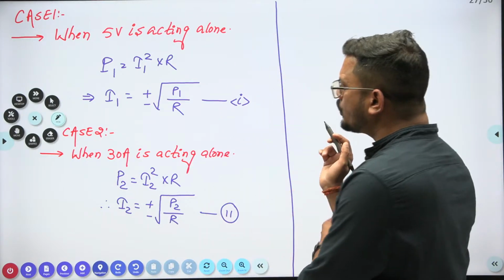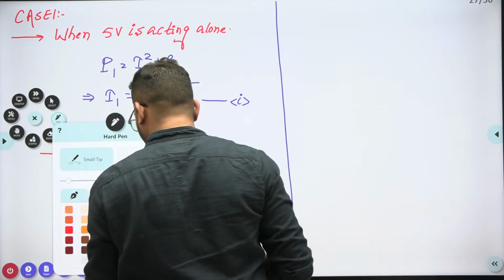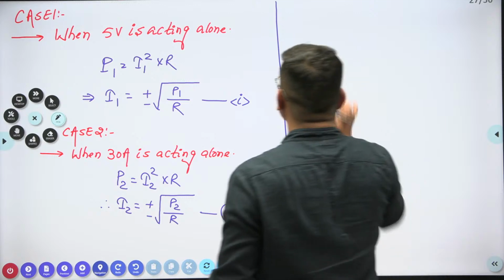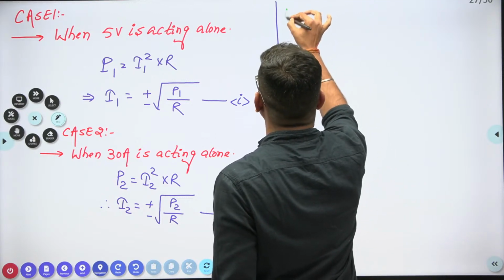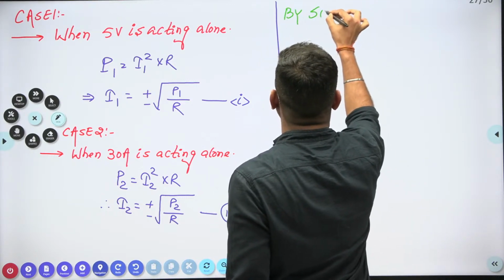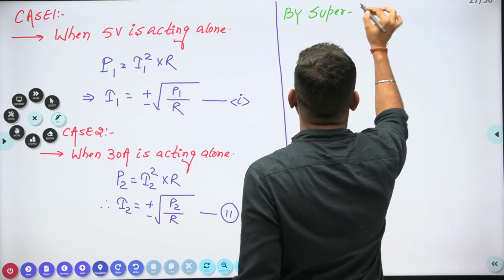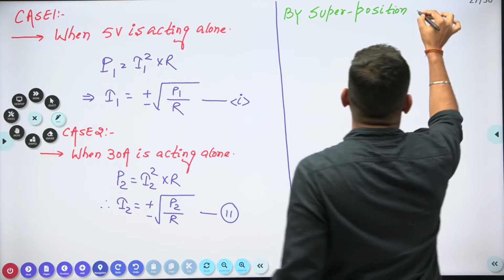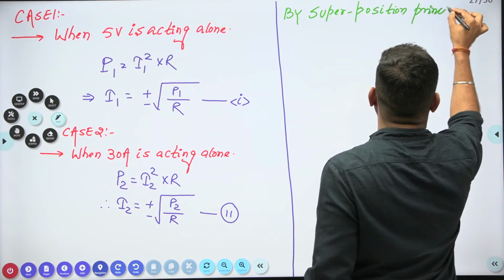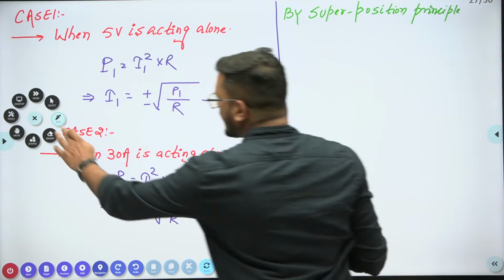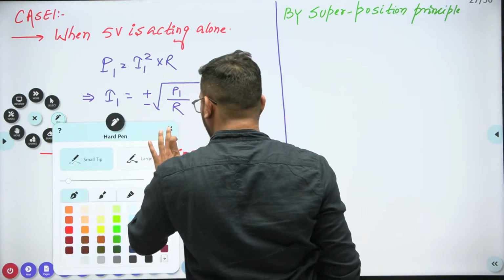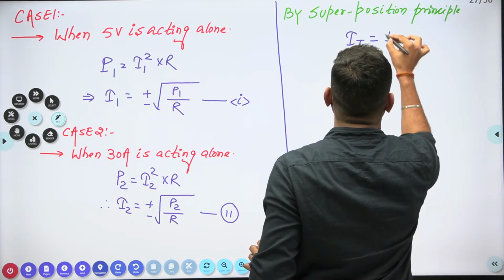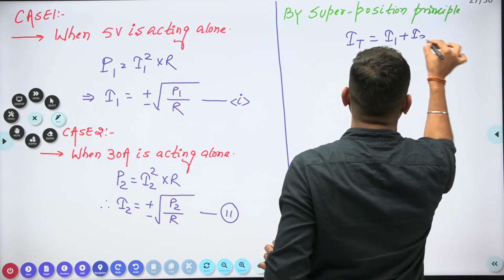Now what am I doing here? We are just applying the superposition principle. So by the superposition principle, we can say the total current will be I1 plus I2.